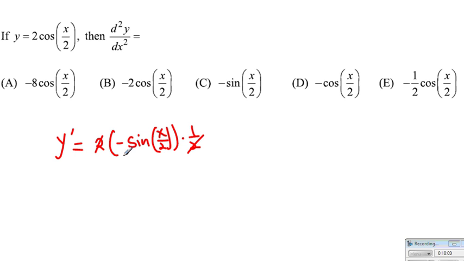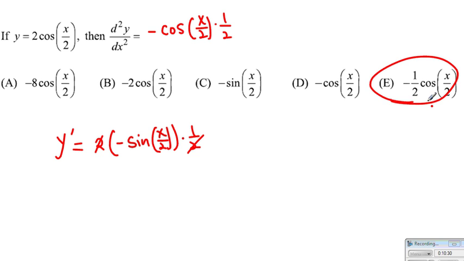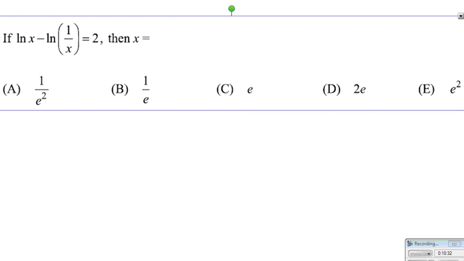Therefore, when you take the second derivative of this, it becomes negative. The derivative of sine becomes cosine of x over 2. And then multiply that by the derivative of the inside, which is 1/2. So we get negative 1/2 cosine of x over 2. So it seems to be negative 1/2. Choice E becomes our answer.